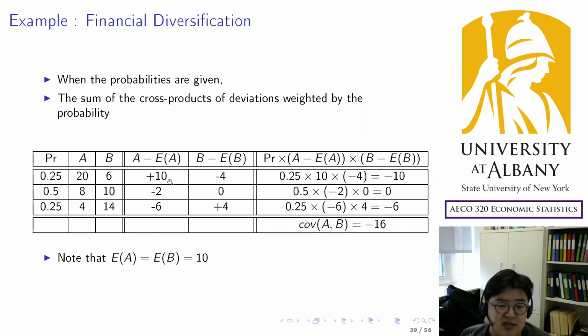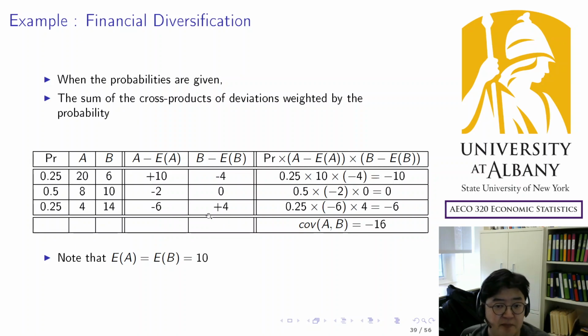So 20 is 10 above 10, 8 is -2, 4 is -6. Likewise, B has its own deviation, right? So 6 is 4 below 10, 14 is 4 above 10. And then we are going to multiply those deviations: 10 times -4, and -2 times 0, and -6 times 4.